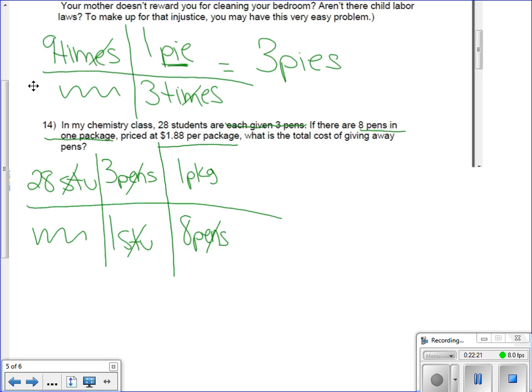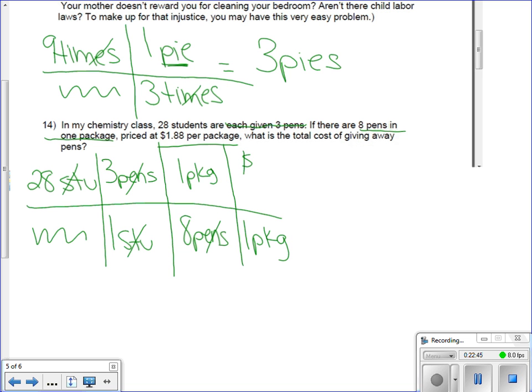If I stop right now, it tells me how many packages I should buy, but it doesn't tell me how much it costs. I need to know that before I go to the grocery store. So I need to know how much money to take. So I need another box. I know that 1 package costs $1.88. Those must be some cheap pens. We have packages on top right now. So 1 package.